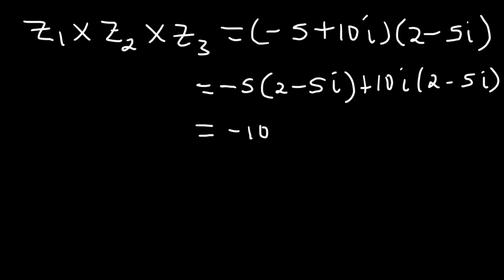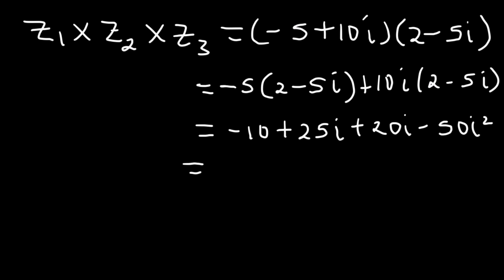So this will be plus 25i, and then plus 10i times 2, which is 20i, and then 10i times negative 5i, which is minus 50i to the power of 2. This will be equal to negative 10 plus 25i plus 20i, which is 45i, and then minus 50 times i to the power of 2, which is negative 1.